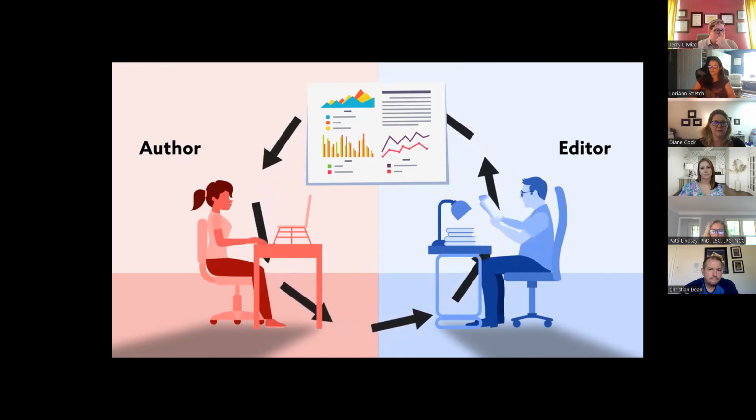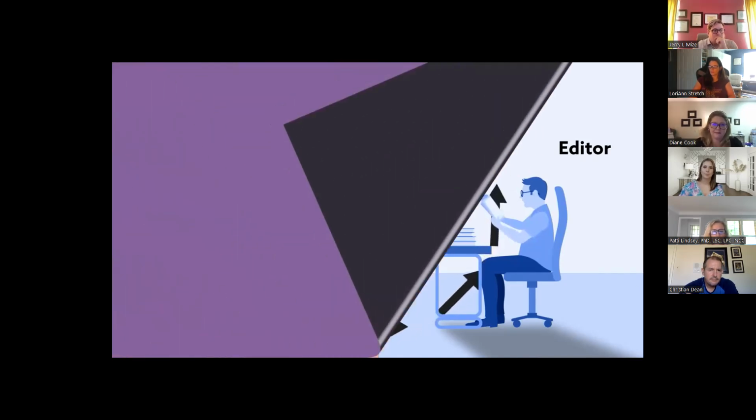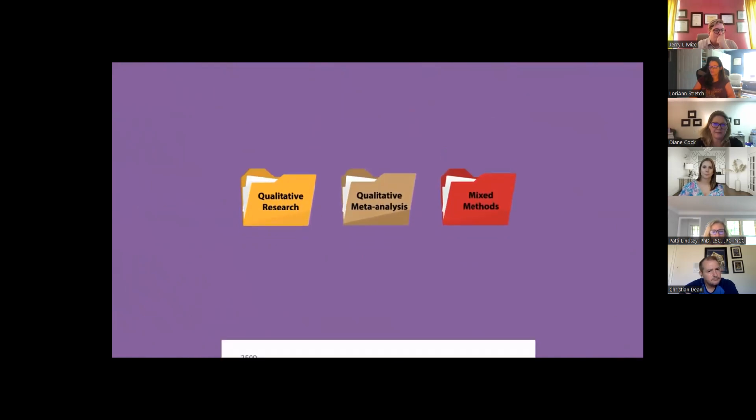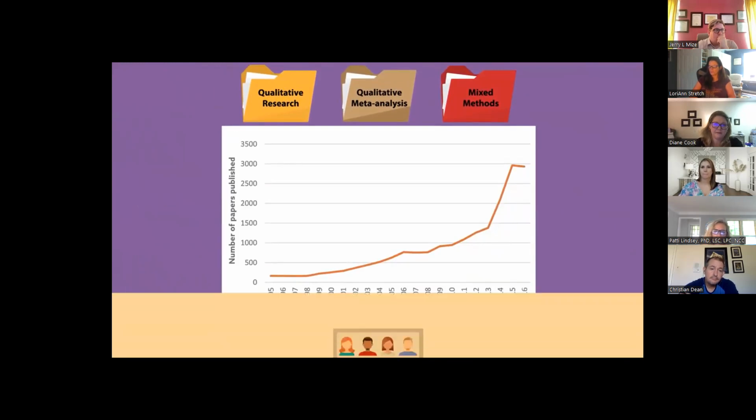An important update to APA-style JARS is the establishment of reporting standards for qualitative research, qualitative meta-analysis, and mixed methods research. Despite the recent surge in published research rooted in qualitative methods, rigorous standards for reporting such studies have been lacking in psychology until now.